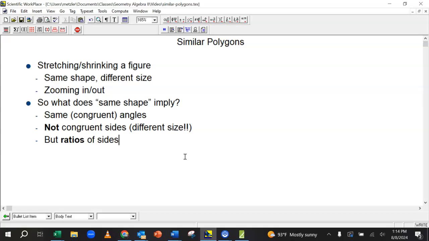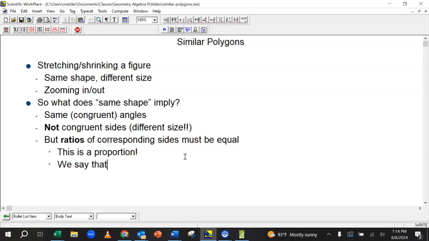It's that the ratios of sides, and let's say corresponding sides, and we have to be careful about that, the ratios of corresponding sides must be equal. Hey, that's what we call a proportion. So we say that corresponding sides must be proportional.